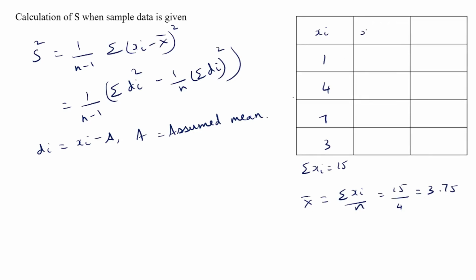We can take the assumed mean as 5, so di is xi minus 5. So we will have minus 4, minus 1, 7 minus 5 is 2, 3 minus 5 is minus 2. We can find summation di easily, and di square will be 16, 1, 4, 4, and summation di square can also be found easily. We can substitute those values here and find the value of s square. So we can make use of this formula for s square when the sample data is given.